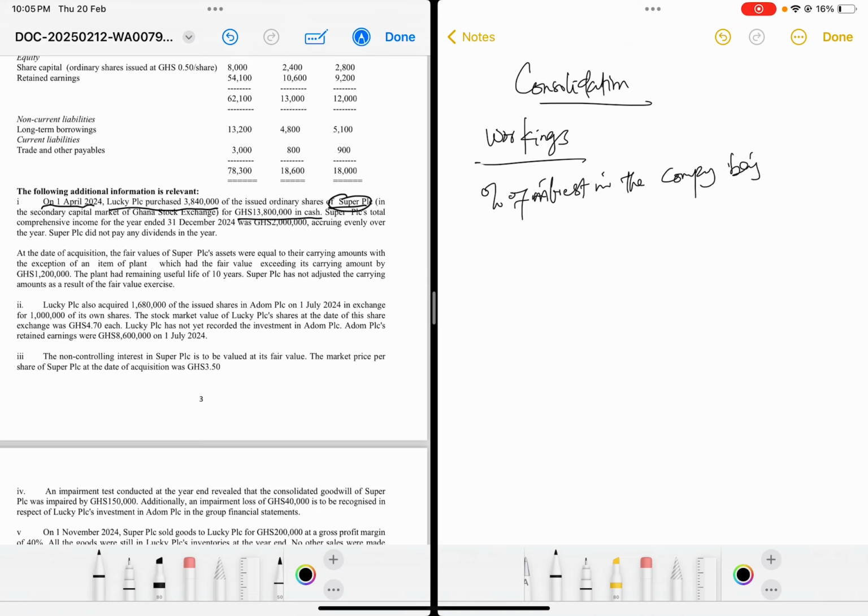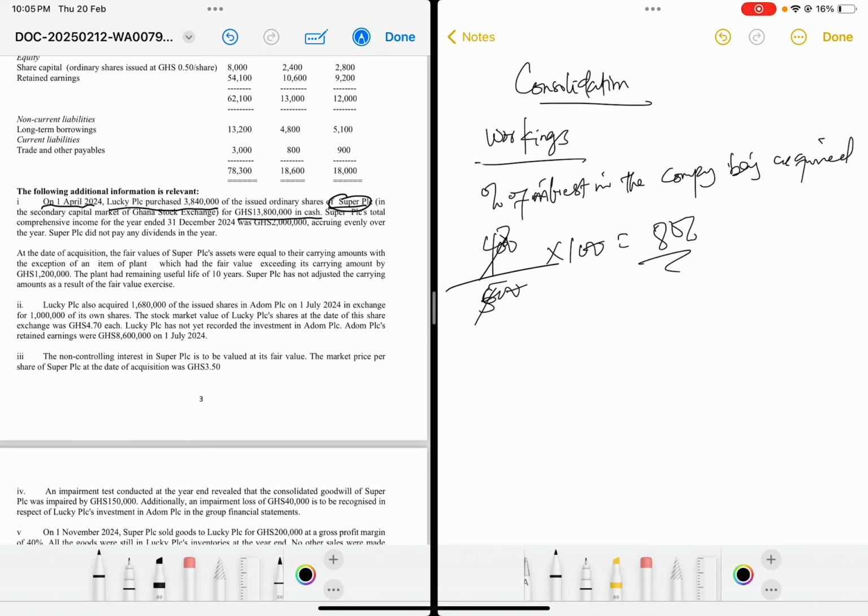For example, if he purchased 400 and the number of shares is 500, you just find out the percentage of interest, which is 80%, right? So you just look for the percentage of interest whenever a statement like this is given to you.